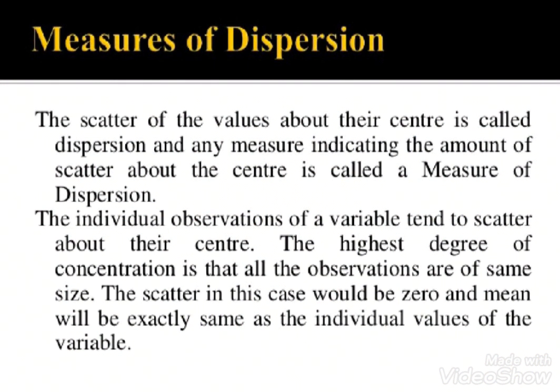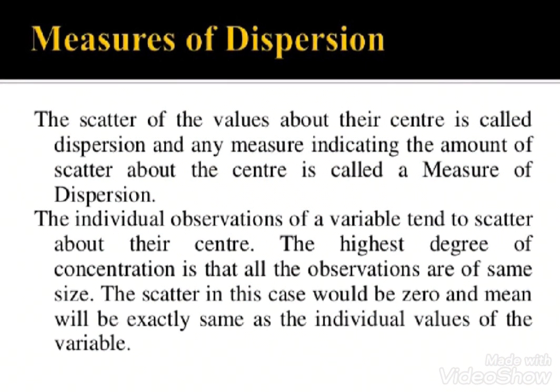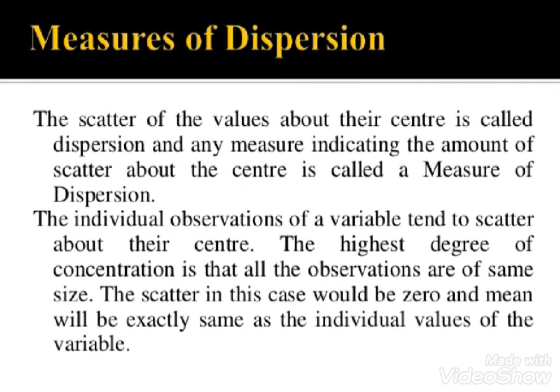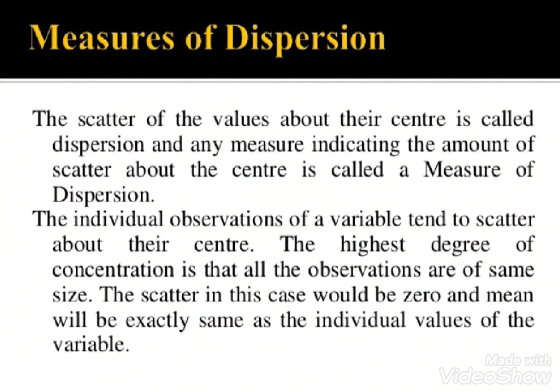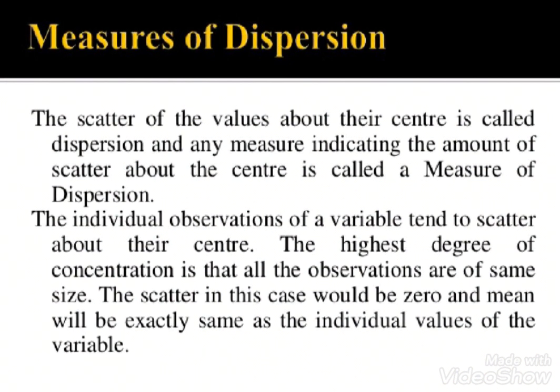When you start your research, you all start from a point and then you keep moving by collecting your data, but at the end you come to the same point and finish with the end of your collected data. That is what measures of dispersion actually means.